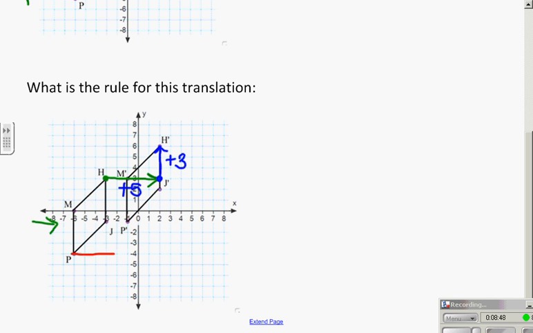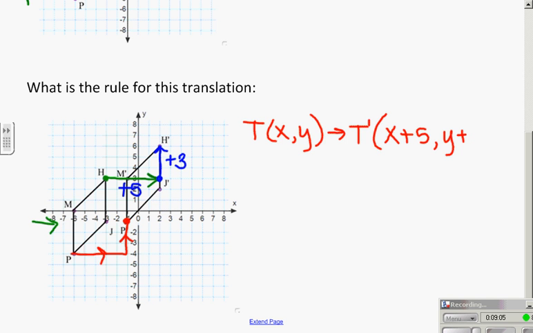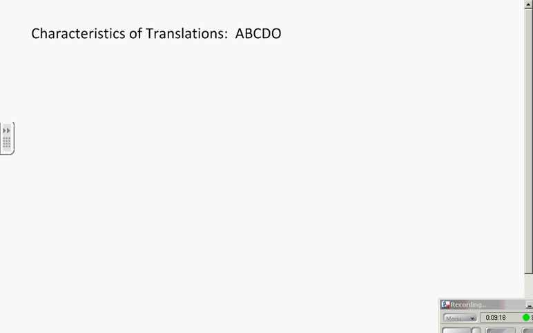Now it's a good idea to test this with one of the other points just to see if you're right. If I go 1, 2, 3, 4, 5, up 1, 2, 3, I get to where I need to go. And so my rule is take your old, and it becomes all x's I add 5 to go right 5, all y's I add 3 to shift it up 3. And that's all there is to writing a rule.